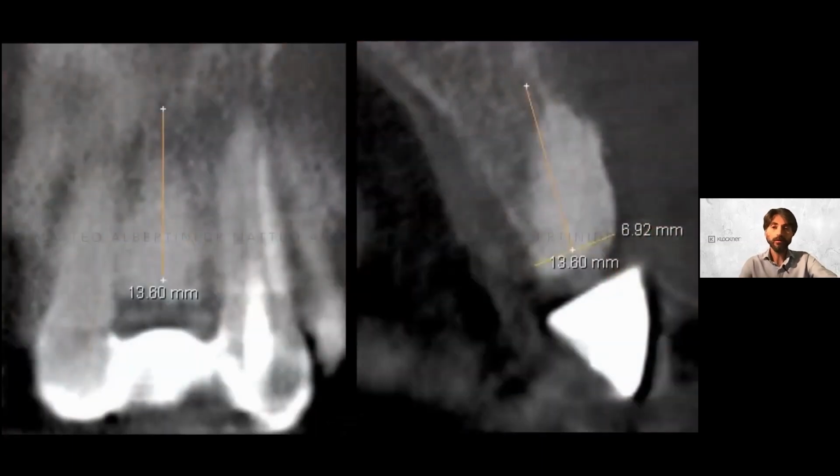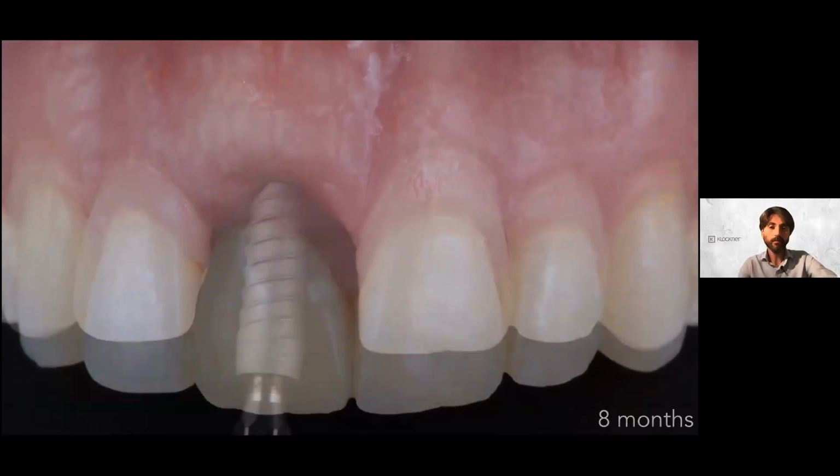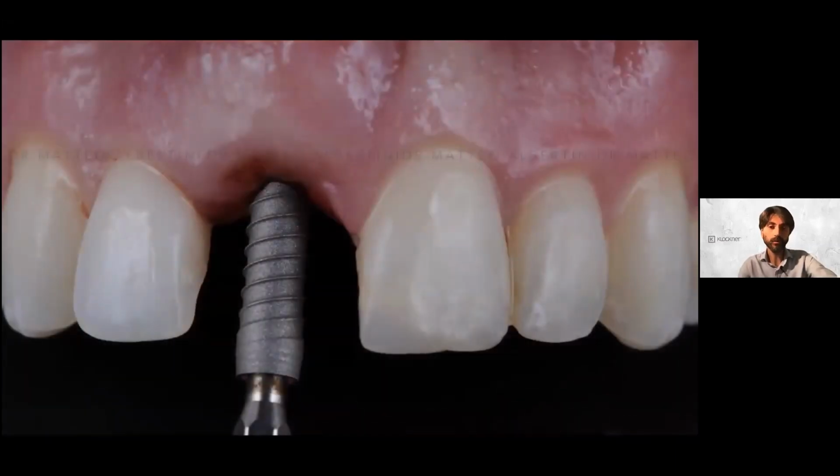Here you have the situation after 8 months, and it seemed to have nice bone availability. So after 8 months, we go and put the implant with the transmucosal approach, avoiding touching the papillas.